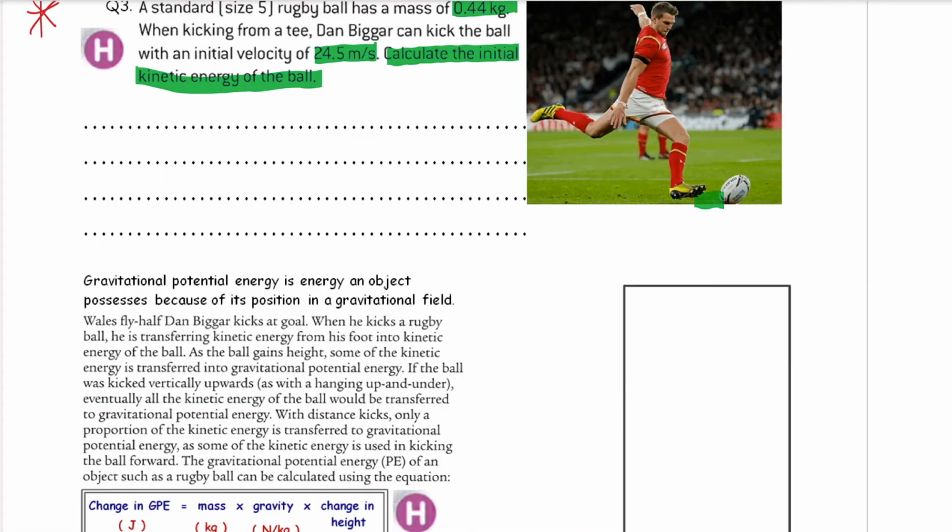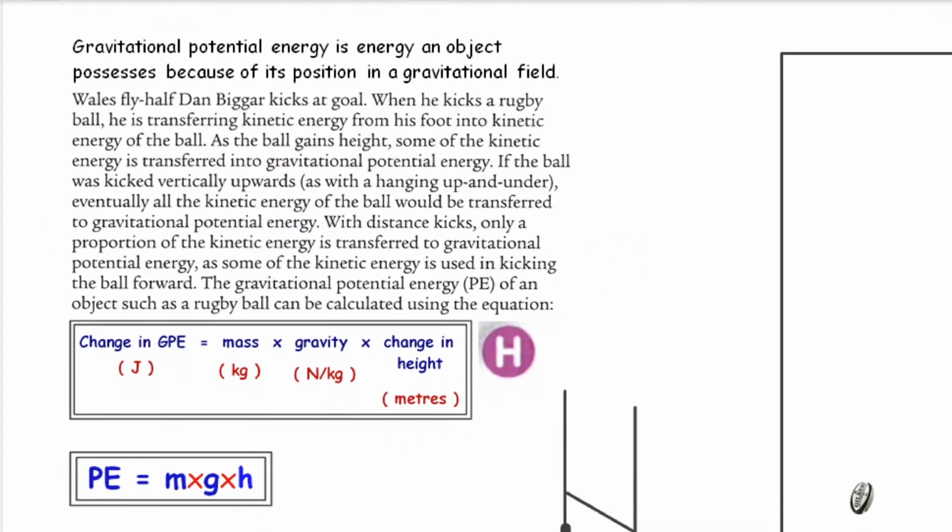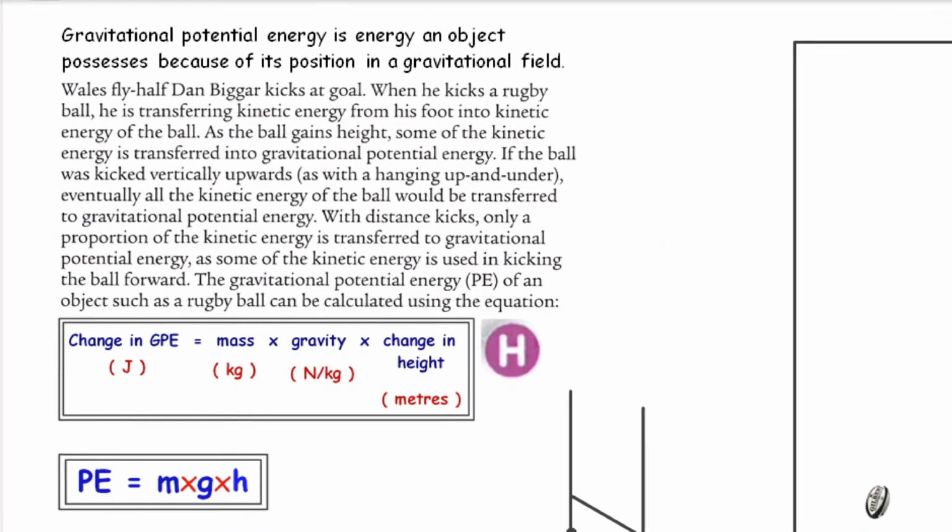Underneath that, you see the introduction of the term gravitational potential energy. And again, we'll put it in the context of kicking a rugby ball. So Wales fly half Dan Biggar kicks at goal. When he kicks a rugby ball, he's transferring kinetic energy from his foot into kinetic energy of the ball, because the ball is moving.